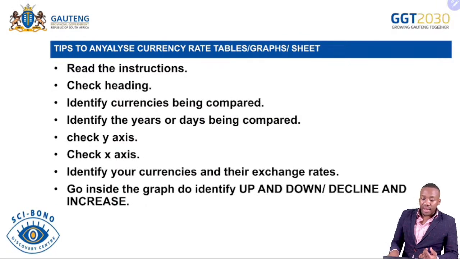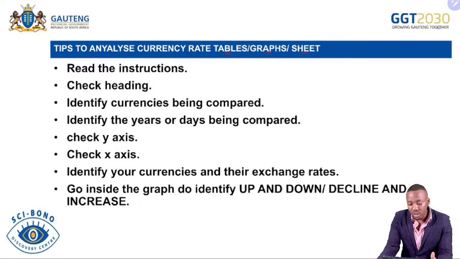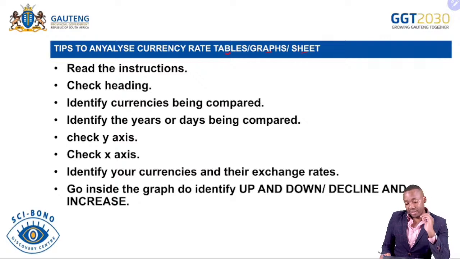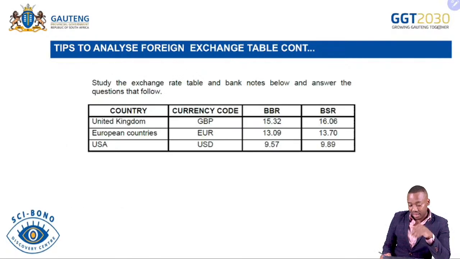Right. Then we are moving to tips to analyze currency rate tables, graphs, or sheets, right? You will see that in question 3 of your papers, you are going to be given either something like this one. What do we call this one?